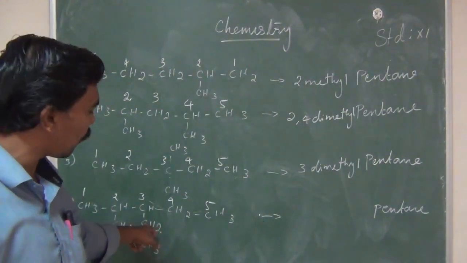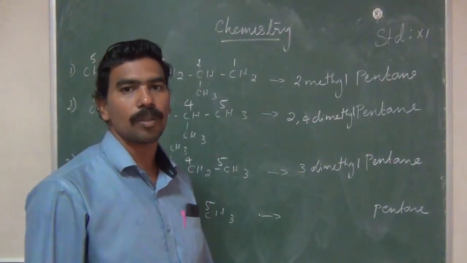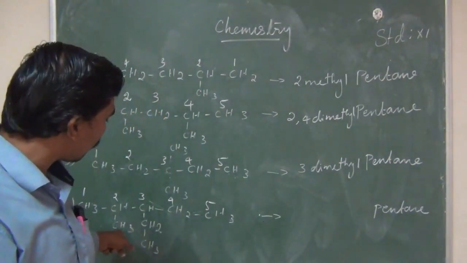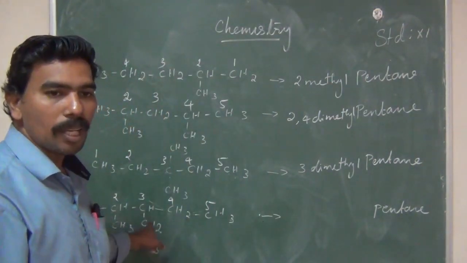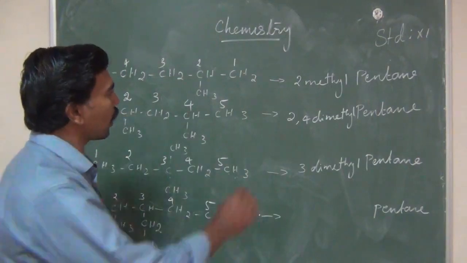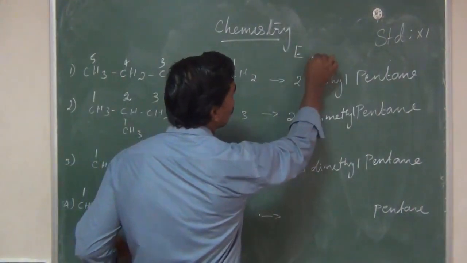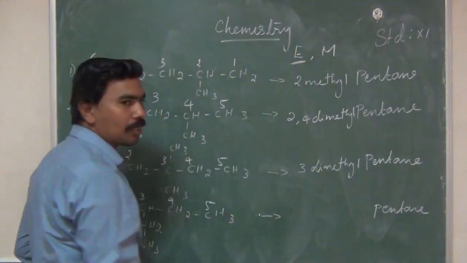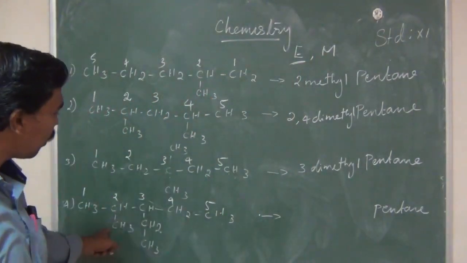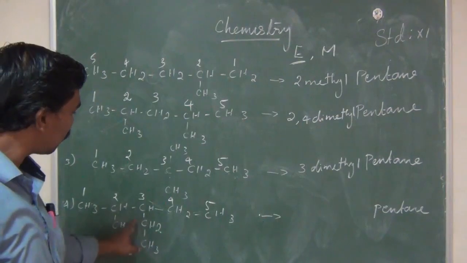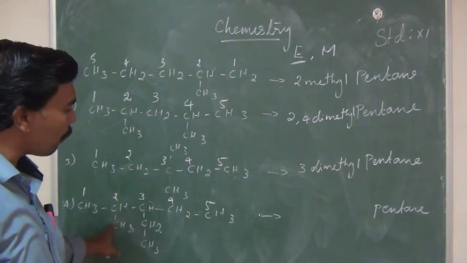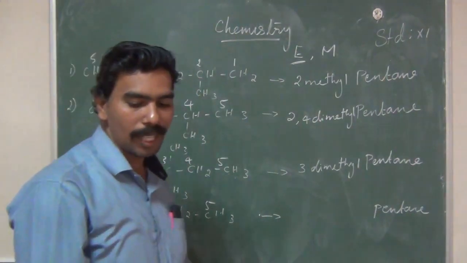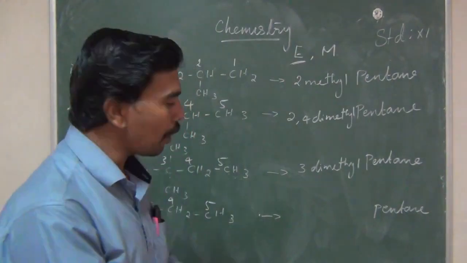Now you see the alphabetical order. The ethyl group comes before methyl: E, M. So first you give preference to E. So 3-ethyl, 2-methylpentane. Okay, 3-ethyl-2-methylpentane.